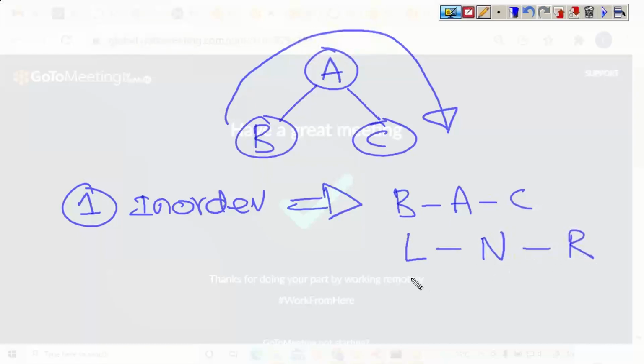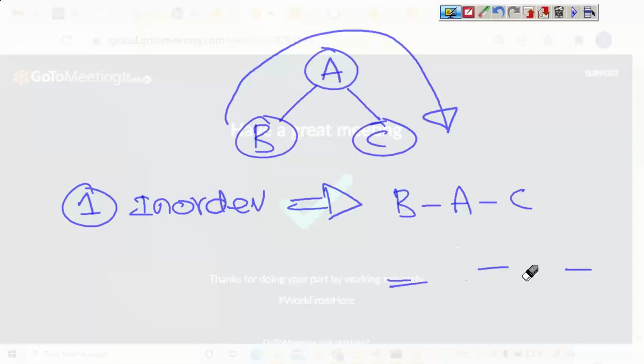Left side, node or parent, then right side. Please observe, in order is left, node, right.